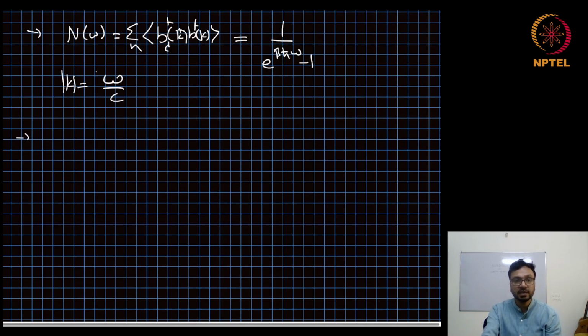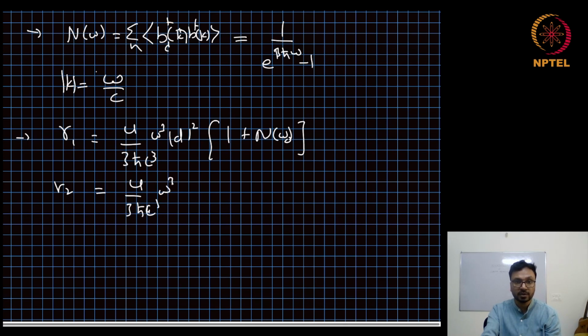From here we can calculate the Lindblad coefficients gamma 1 and gamma 2 as 4 over 3 h bar c cube omega cube times the modulus squared of d times 1 plus n of omega naught, and gamma 2 as 4 over 3 h bar c cube omega cube times the modulus squared of d times n of omega naught.